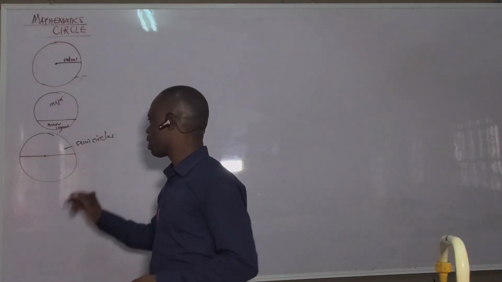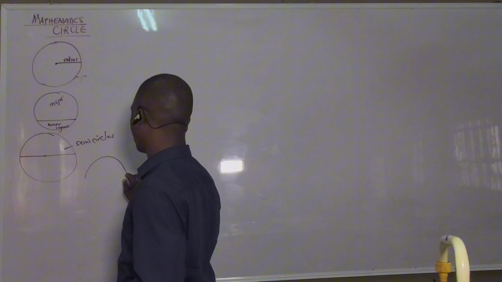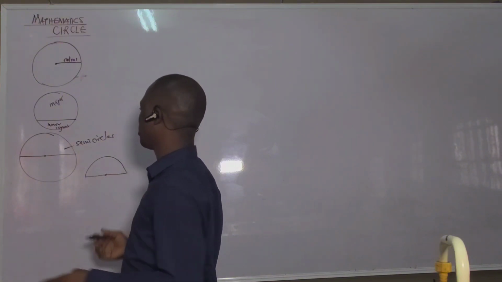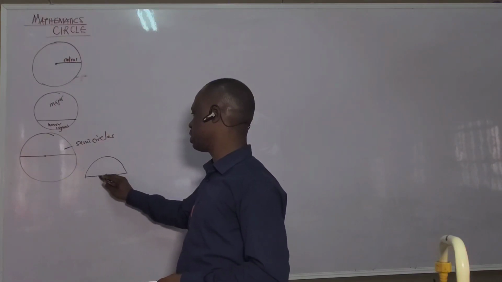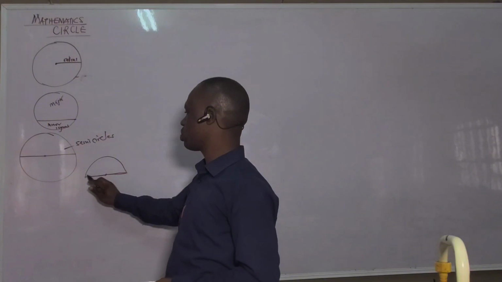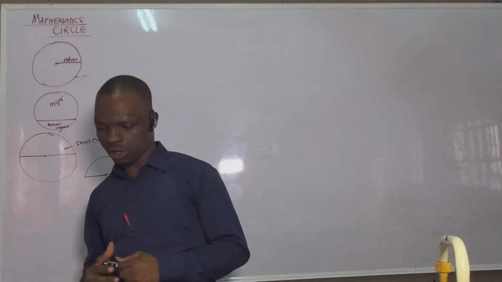Now, I can have a diameter drawn this way, a semicircle drawn this way. This is the diameter. So another definition for a diameter is a straight line that passes through the center of a circle and touches two points on the circumference of a circle.